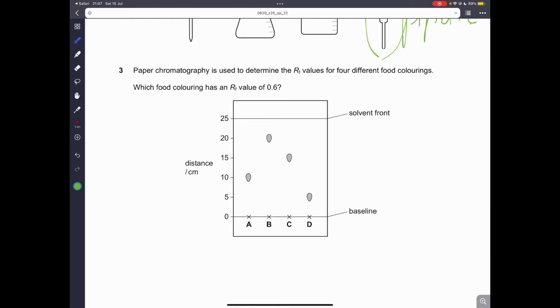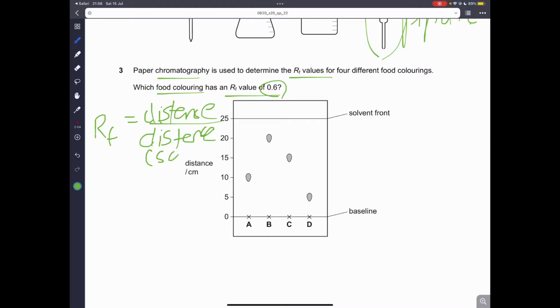Question number 3. Paper chromatography is used to determine the RF value for 4 different food colorings. Which food coloring has an RF value of 0.6? Remember the RF formula. The RF formula is basically the distance moved by the substance divided by the distance moved by the solvent.